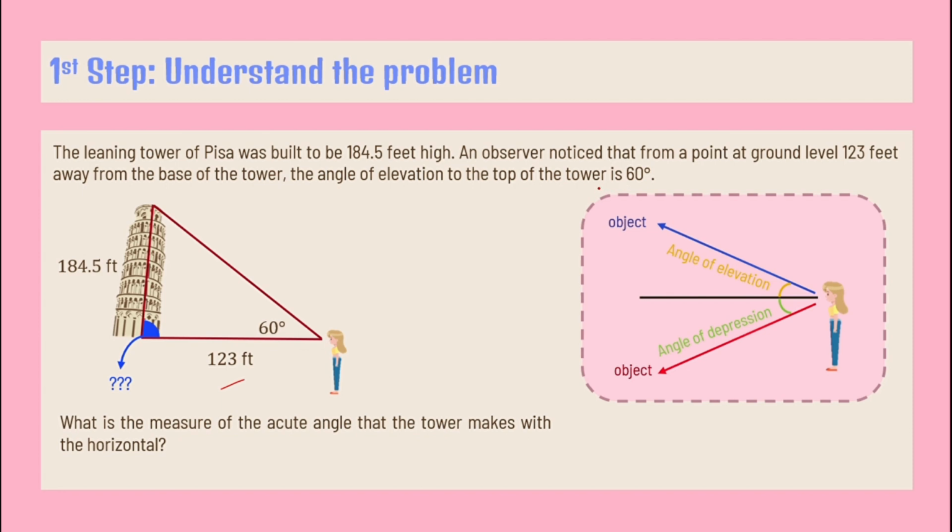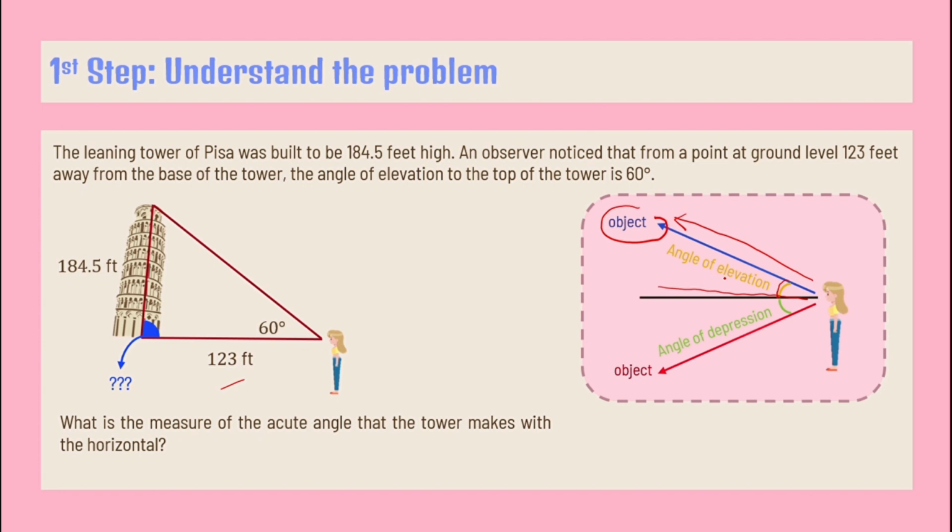Okay, I will explain shortly about the difference between the angle of elevation and the angle of depression. So, when the observer looks up to see the object, the angle formed by the line of sight and the horizontal line is called the angle of elevation.